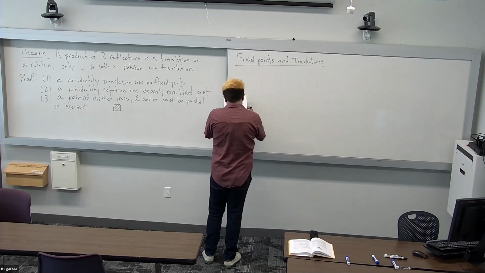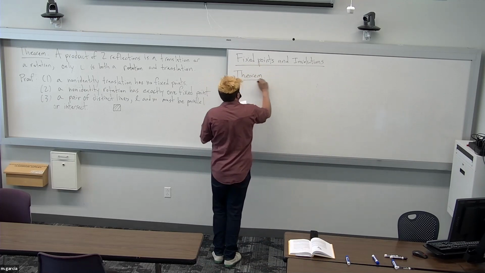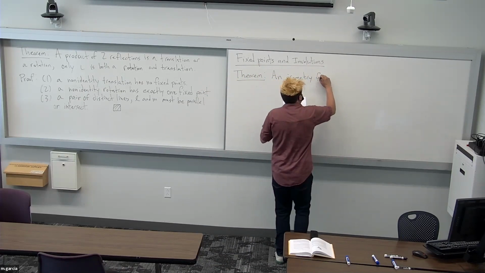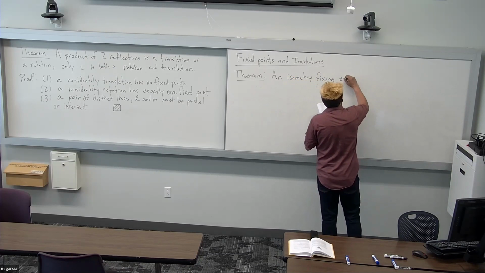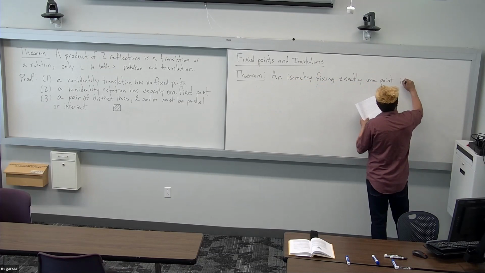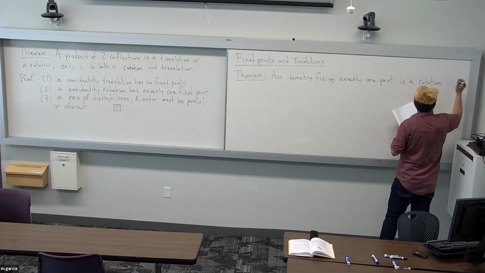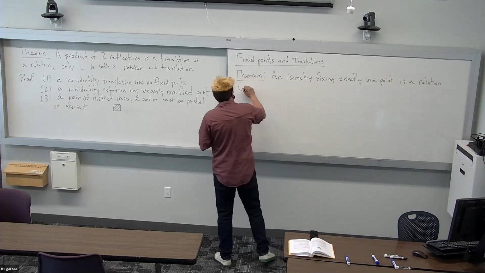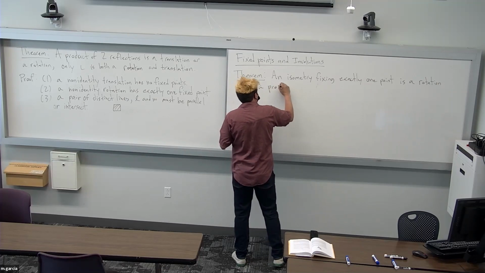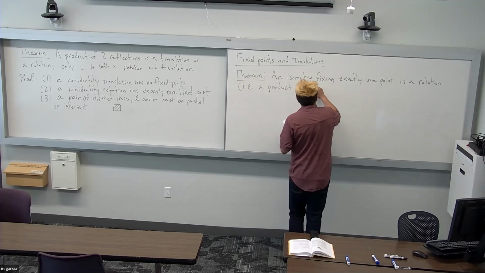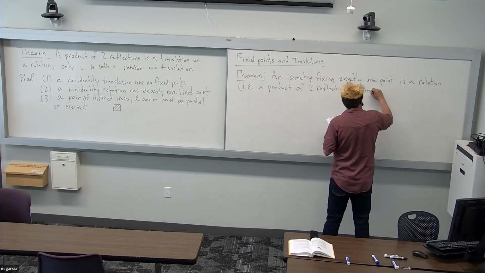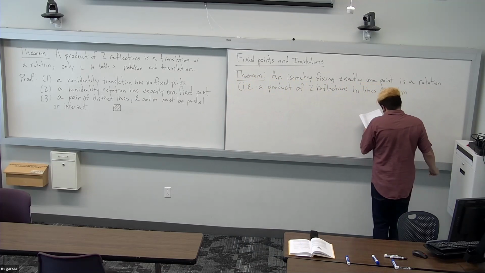Okay, so here's our first theorem. An isometry fixing exactly 1 point is a rotation, i.e., a product of 2 reflections in lines L and M, which intersect.